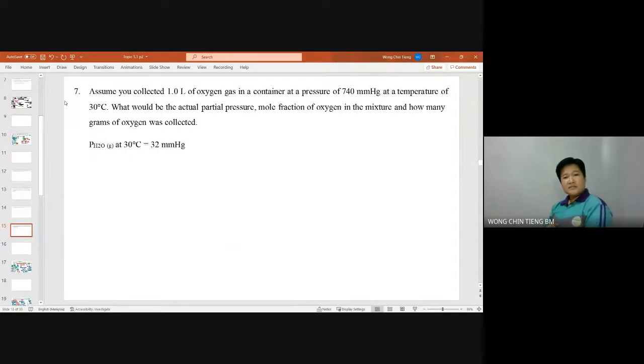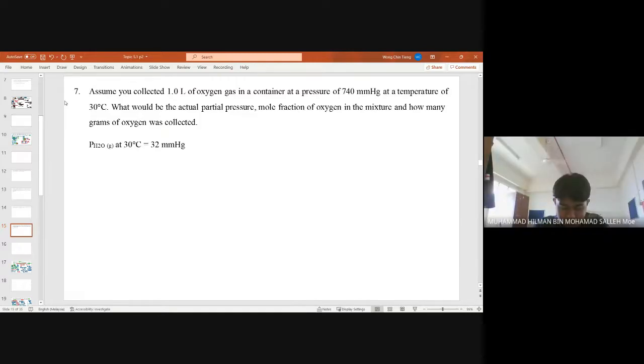Can I have the answer? Can I have the gram of oxygen collected? Ada yang tak boleh buat? Can I have the gram of oxygen collected? Saya dapat 1.1968.